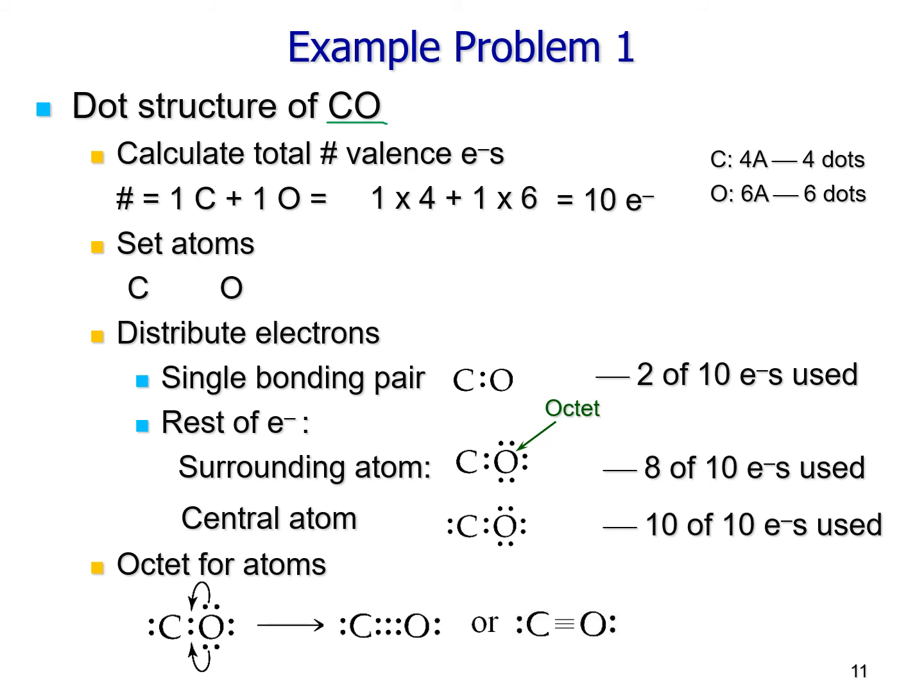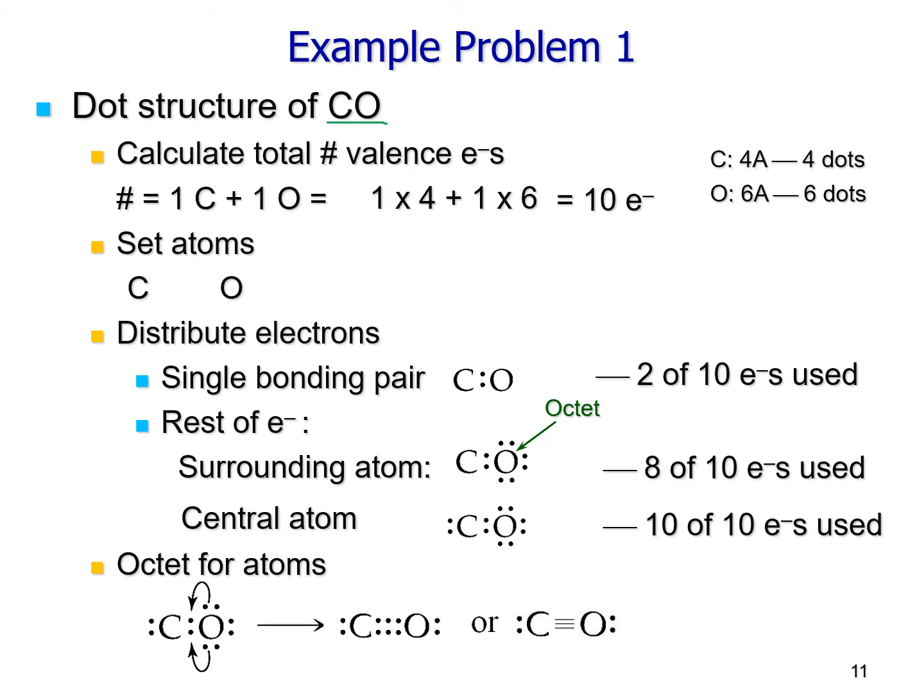Carbon needs 4 more electrons, requiring 2 lone pairs of electrons from oxygen. So that is the reason why we see these 2 lone pairs of electrons of oxygen going to the bonding position. We've got a triple bond between carbon and oxygen in this compound.